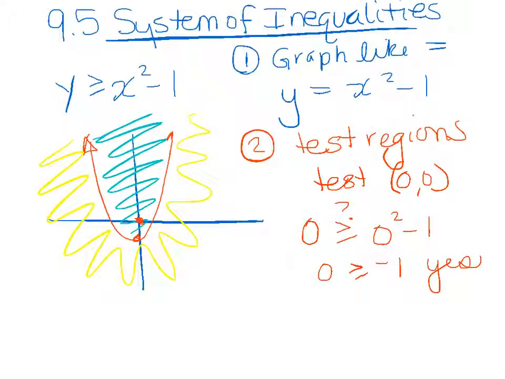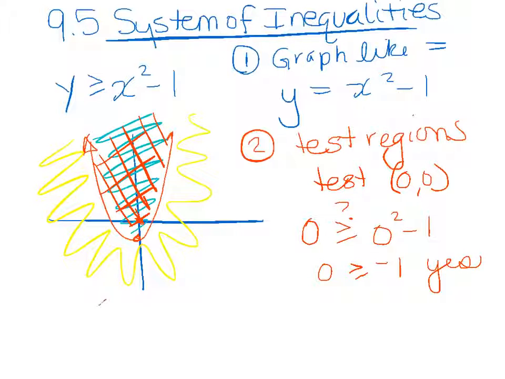So our answer would be everything in here. So the red then is the solution area. Normally we don't shade the blue areas and the yellow; we'll just show this red area as the solution. Now it's important to note that this was greater than or equal to.